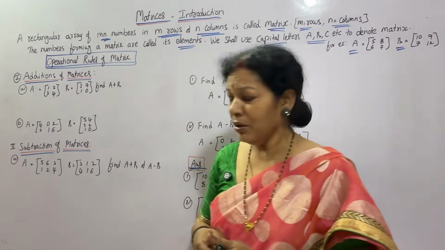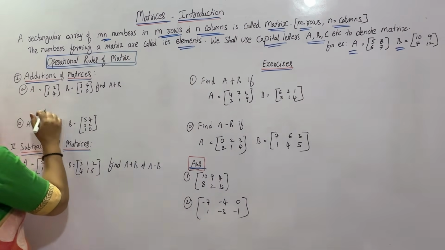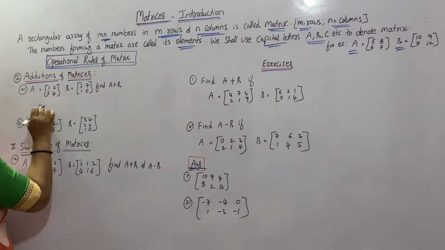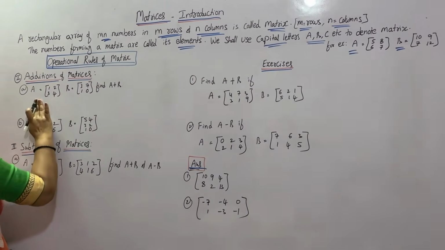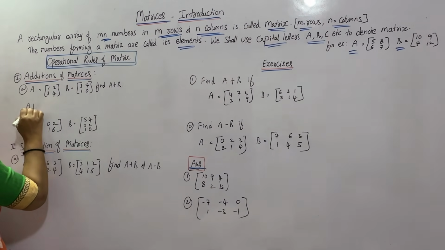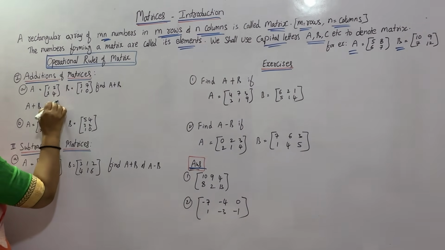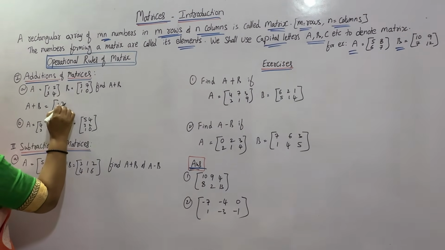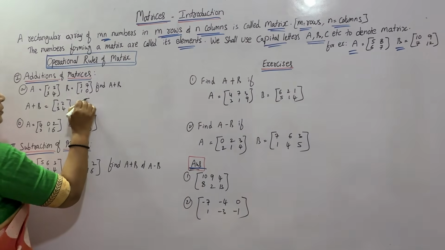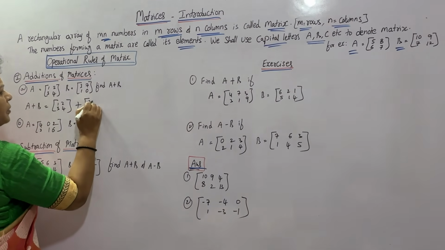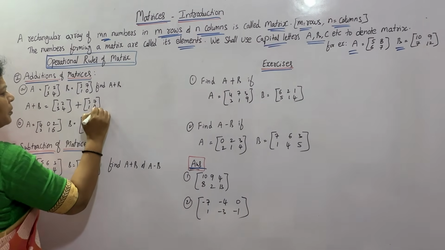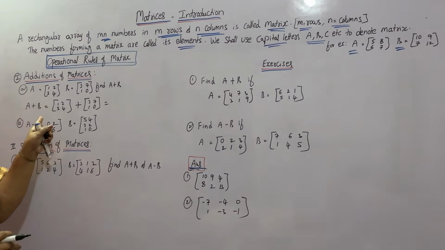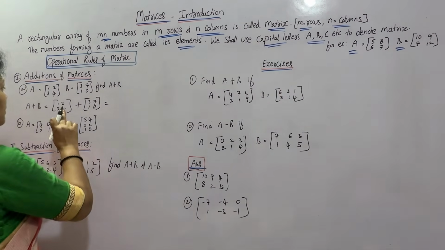What will we do? One simple step we can take here. They're asking A plus B, so we'll write A plus B is equal to 1, 2, 3, 4 plus 3, 7, 1, 0. Add it and write it outside.